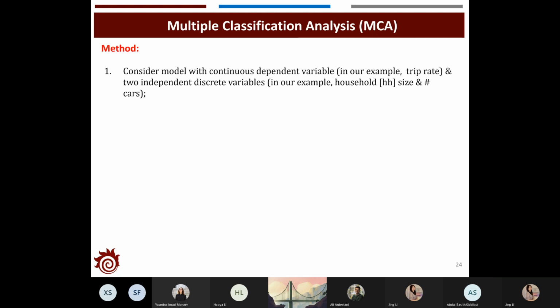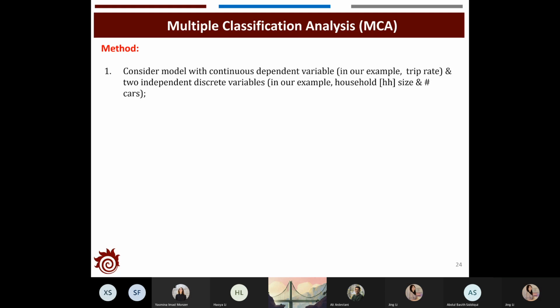If we consider the model with a continuous dependent variable, the trip rate, and if we also consider two independent variables, like two different categories, two different characteristics, it cannot consider more than two different characteristics. This is another disadvantage of the MCA method.